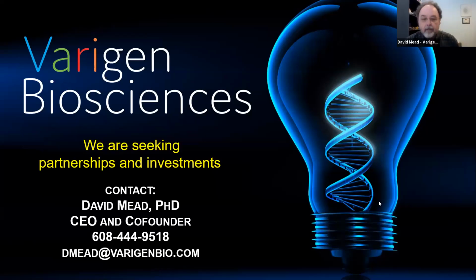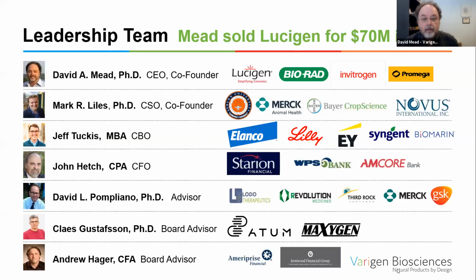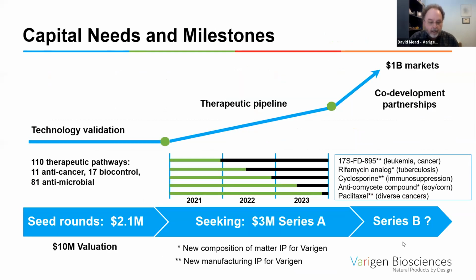David, could you be prescriptive on the $3 million capital sought, the use of proceeds, and key milestones? Yeah, can I go back to this one slide, please? That's a great question. There it is. Basically, we know these are the right molecules to go after.